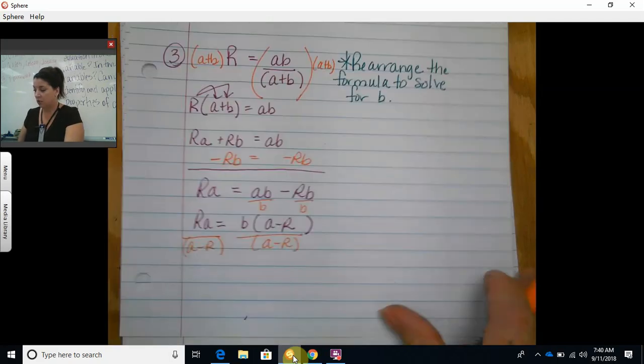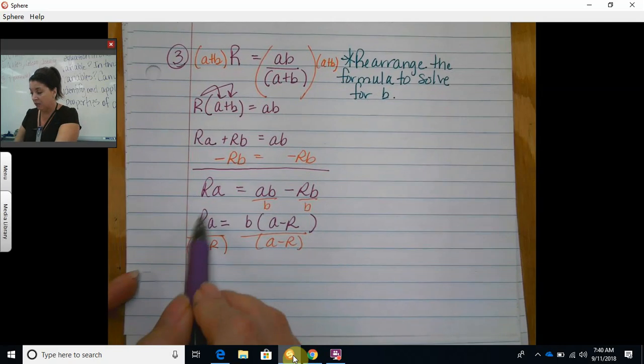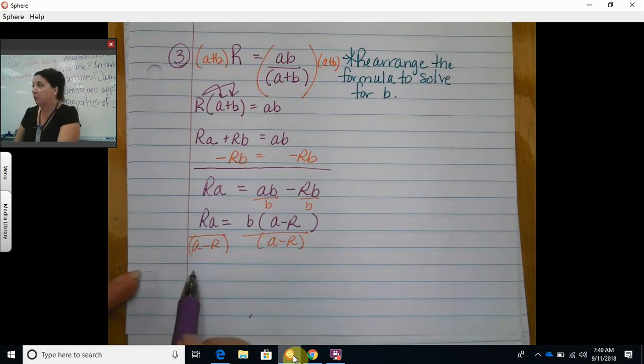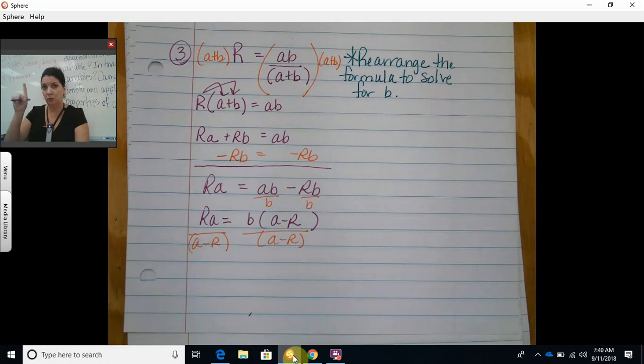Oops. So on the left, again, I have a monomial divided by a binomial. I cannot just cancel those A's out. If they were both monomials, you could. Remember, monomial means one term. But you've got a monomial divided by a binomial. The only way you could cancel out this A minus R is if you had an A minus R in the numerator. Okay? So these A's do not cancel.